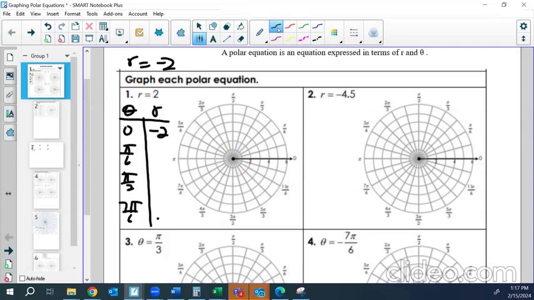When the angle is 0, -2 is going to be on this side over here. Pi over 6, r is -2. Pi over 6 is right here, but I'm going to go to the opposite side for -2, right there. Pi over 2 is right here, but r is -2, so I'm going to come down here and find -2. So you notice it's still going to be a circle when r is negative. It's just I'm starting on the other side. I still get a circle because you started on the other side when it's negative. Good.